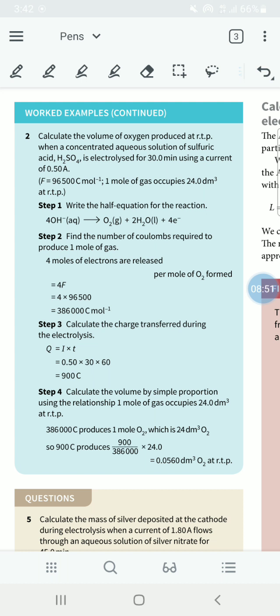This is actually O-level mathematics. I hope you can understand that. 386,000 corresponds to 1 mole, that is 24. Then for 900, you divide 900 by 386,000 and multiply by 24. That will give you 0.056 cubic decimeters.